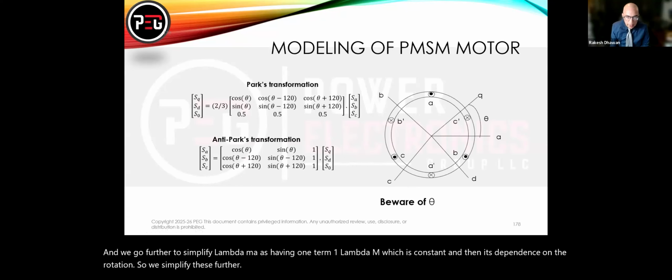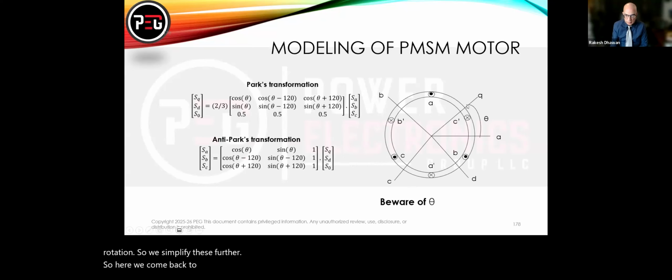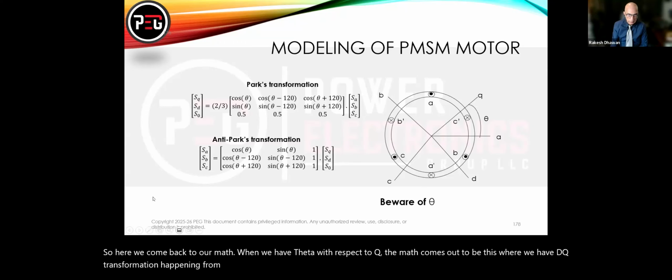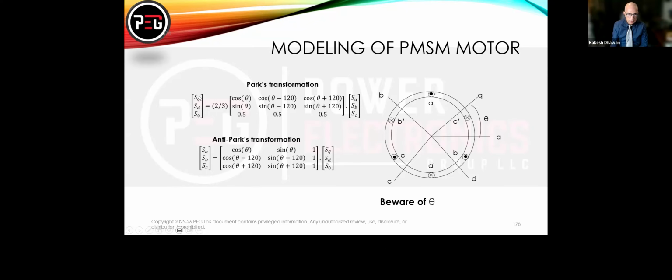So here we come back to our math. When we have theta with respect to Q, the math comes out to be this, where we have the dq transformation happening from ABC, and then you can have the anti-Park transformation, ABC from dq. So you have Park transformations and anti-Park transformations, again going back to how theta is correlated with respect to the a-axis.